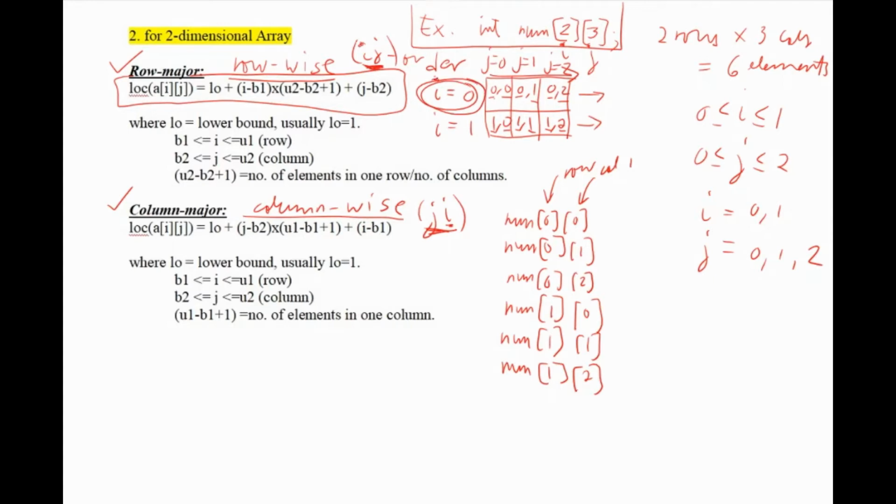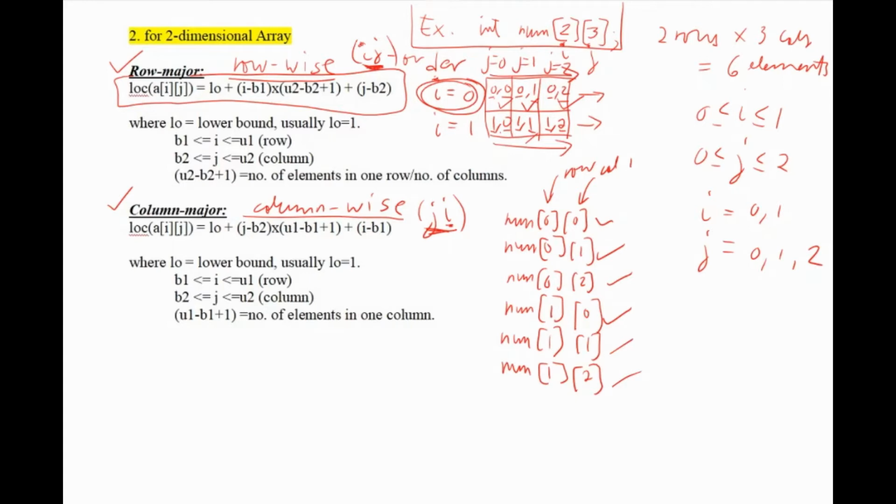So in that case, considering the first row, we would go from this one, [0][0]. Second is [0][1]. Next is [0][2]. After this row, we go to the next row. So we start with [1][0], and the next is [1][1], and the next is [1][2].